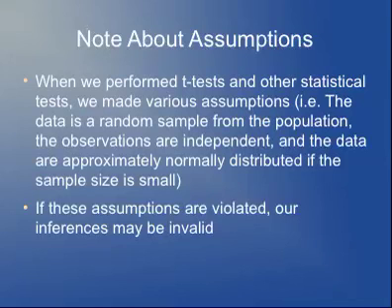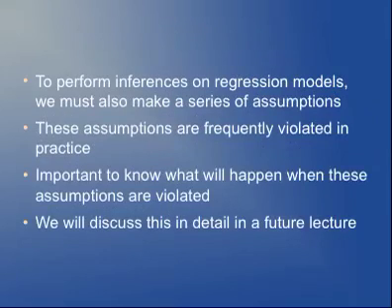If these assumptions are violated, then our inferences can be invalid. And likewise, to make inferences on a regression model, there's a bunch of assumptions that we'll be discussing over the next few lectures, I guess after spring break.